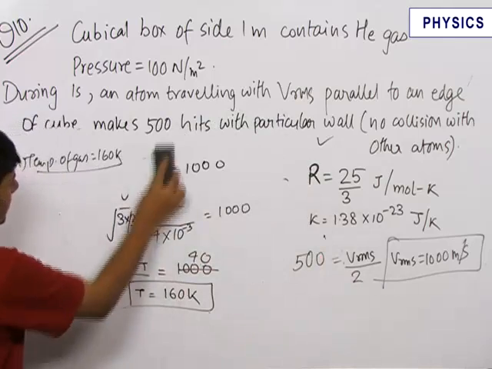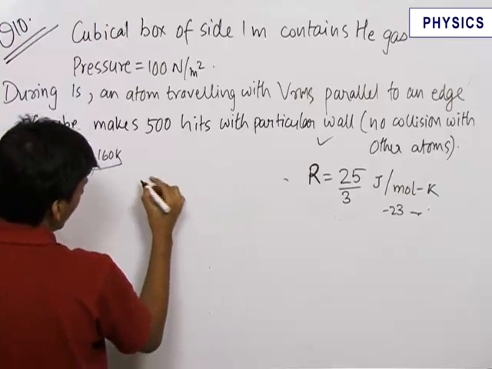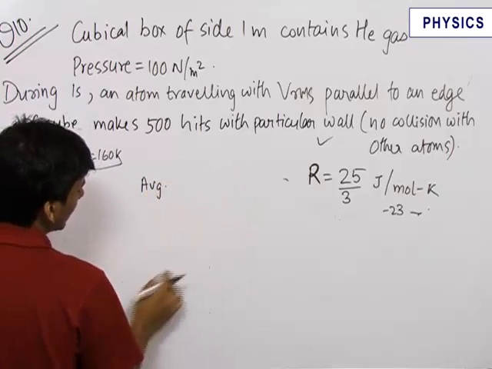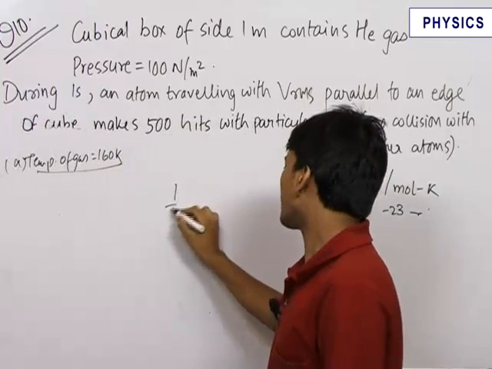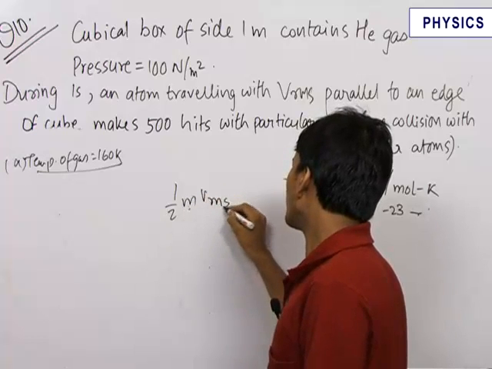Now for the B part, we need to find out the average kinetic energy of one molecule of the gas, that is, the average kinetic energy per atom. Now we know that average kinetic energy per atom can be written as half the mass of one atom into VRMS whole square.